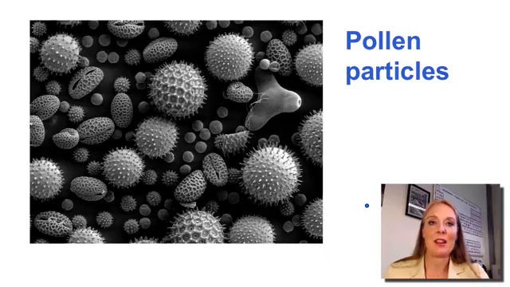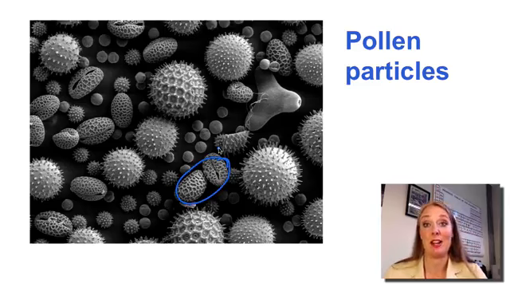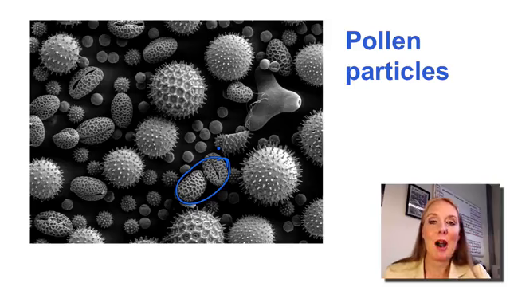For example, here's a scanning electron microscope picture of some pollen particles, the type of pollen that gets into my nose and makes me sneeze in the spring. I'm told that this particular type of pollen particle is from a redbud tree, and I have one of those in my yard. But even pollen particles are made up of billions and billions of atoms and molecules.